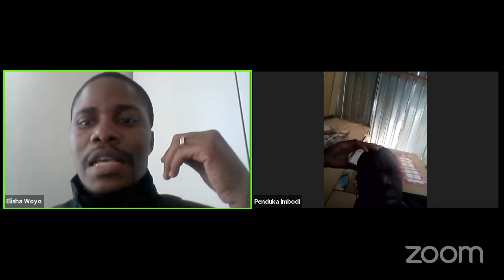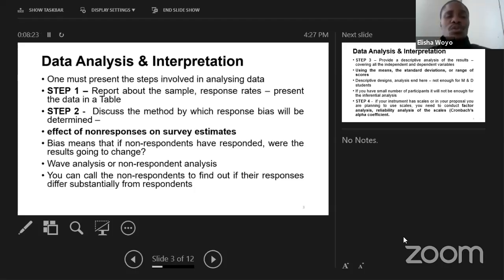So when you have done this, the next thing you might need to think about, of course, many researchers don't do that, is to look at which method you used to figure out whether there was a response bias or not. You need to discuss that particular method, and also indicate if those people had responded, what was going to happen to your survey estimates?